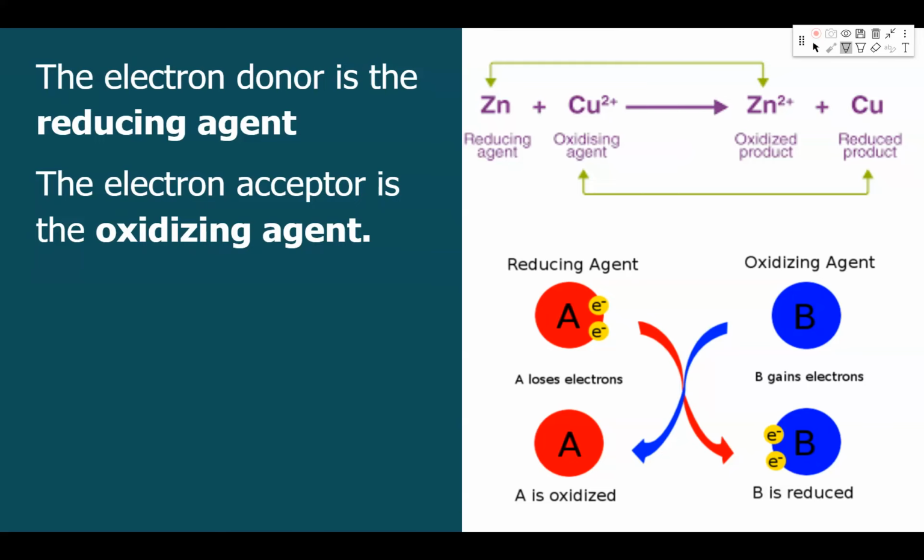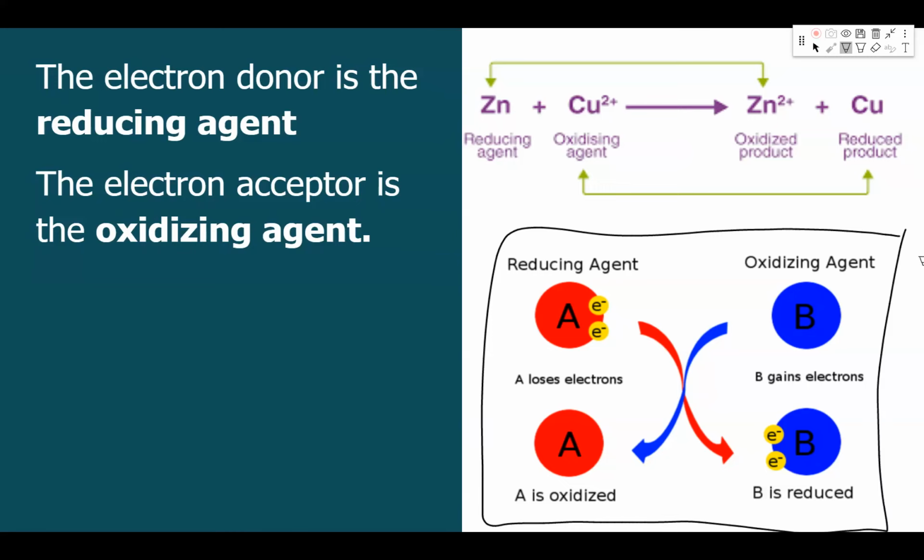So, we've got another little example right here. Our reducing agent is oxidized, and our oxidizing agent is reduced. This diagram right here is probably going to be the most helpful for you. If you want to do it together, we can do it together. I don't mind. We'll keep the colors semi-straight.